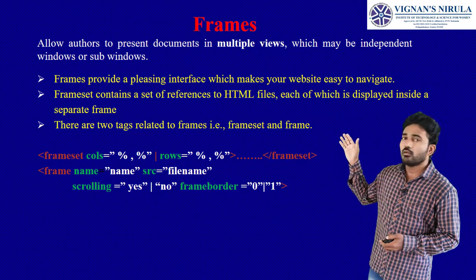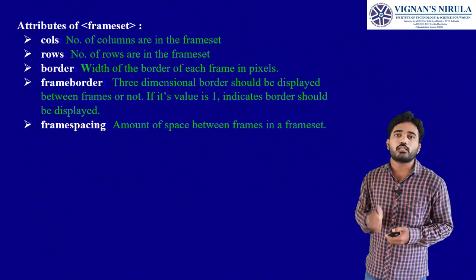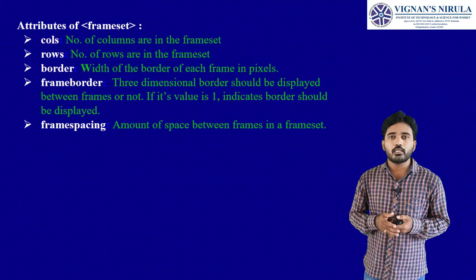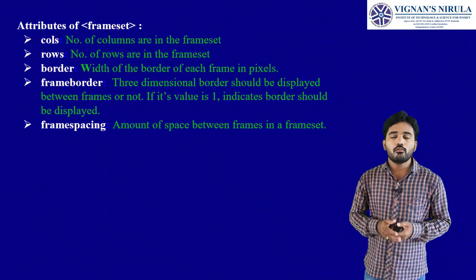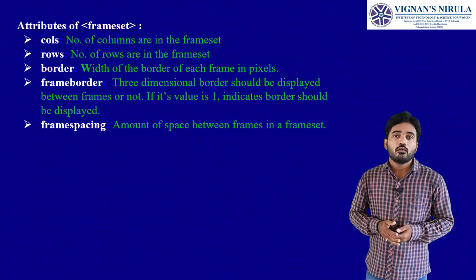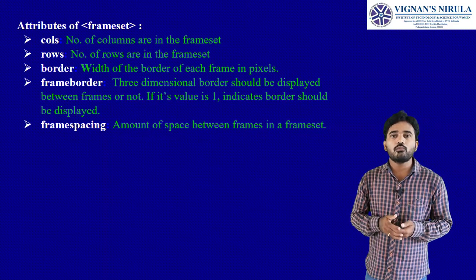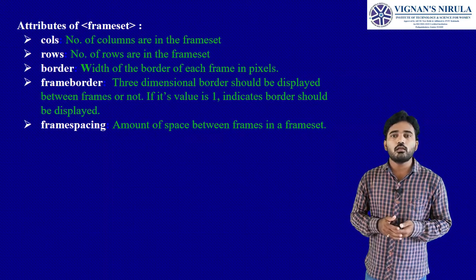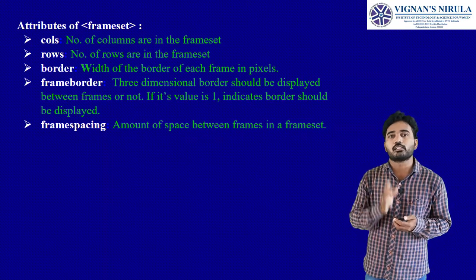Coming to the first one, attributes of the frameset. The attributes of the frameset are columns, rows, border, frameborder and then framespacing. Columns means the number of columns in the frameset. Rows specifies the number of rows in the frameset. The border means the width of the border of each frame in pixels.